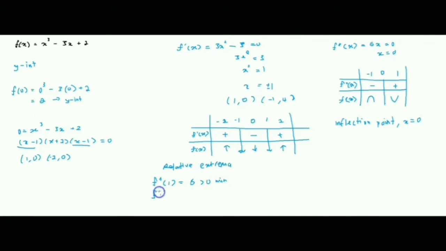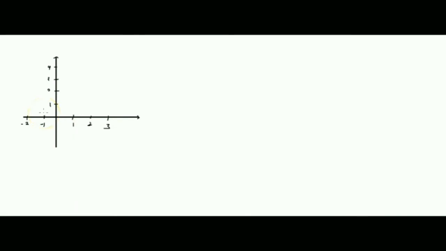For the other one, negative 1, we substitute and get negative 6, which is a maximum point since it's lower than 0.